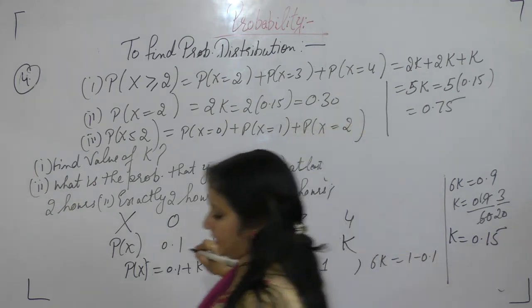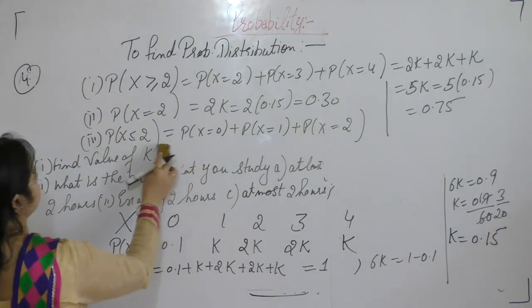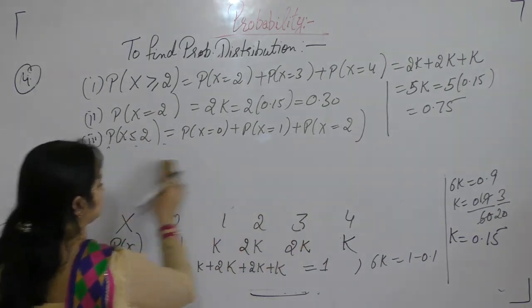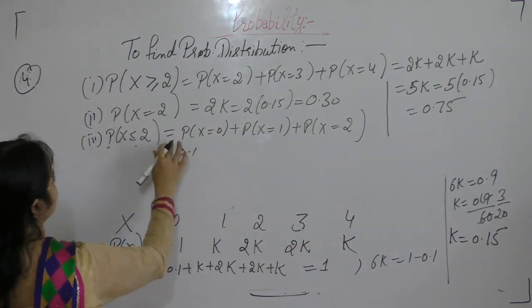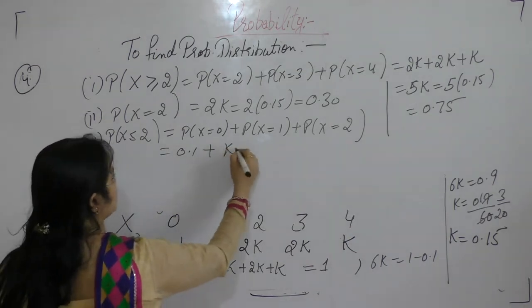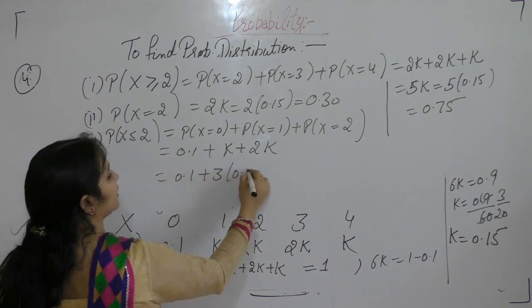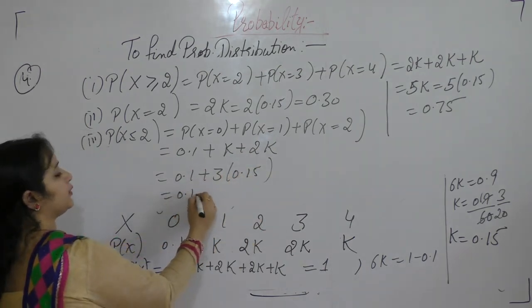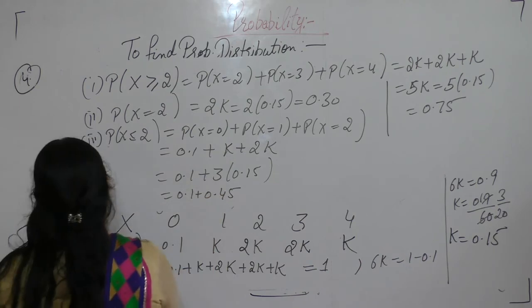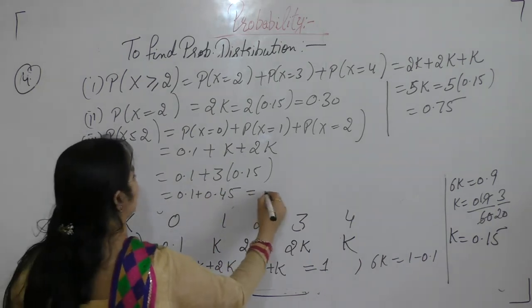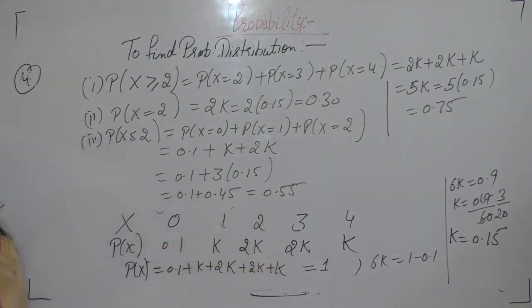Put the values: at x equal to 0 it is 0.1, plus 3k for x equal to 1 and 2. Put the value of k, 0.15 into 3 is 0.45, and 0.45 plus 0.1 is 0.55. Note it down.